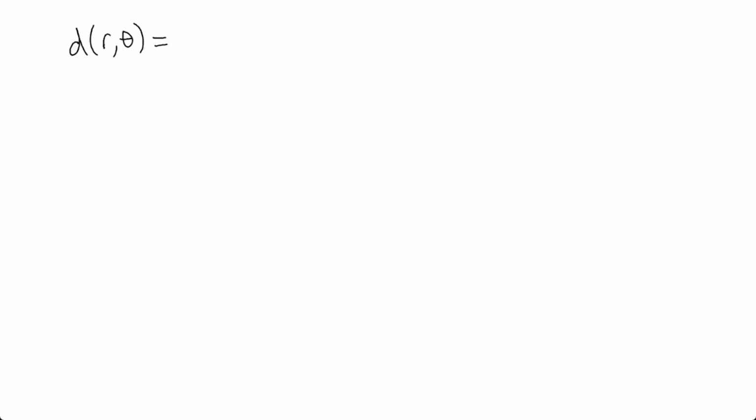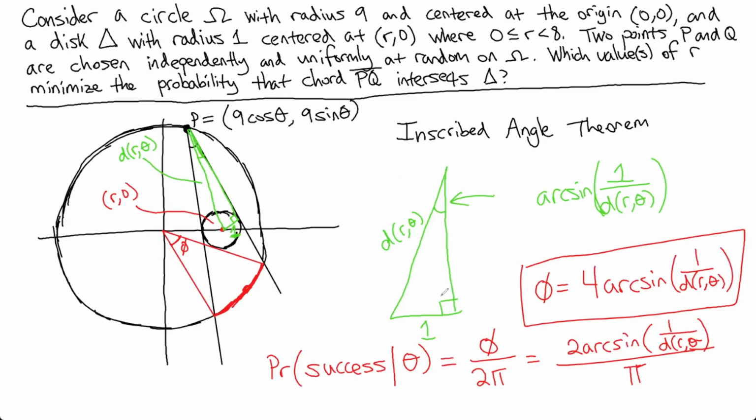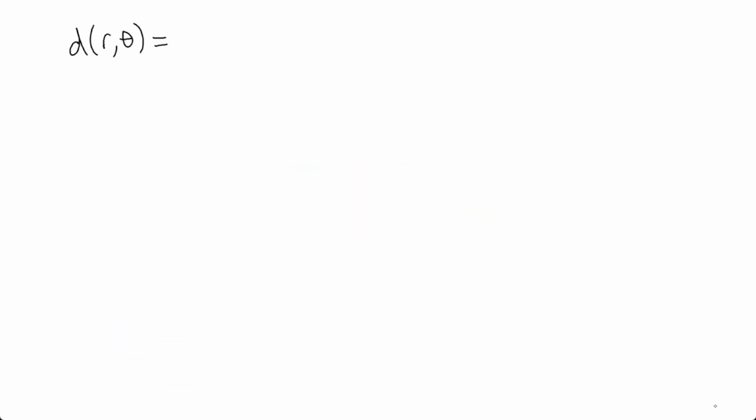d of r comma theta we defined to be the distance between point P and the center of the disk, and we had the coordinates of those 2 points. So d is going to be found using the distance formula. It's the square root of the squared difference in the x values.